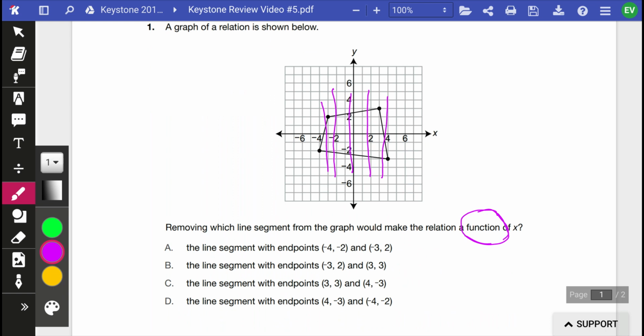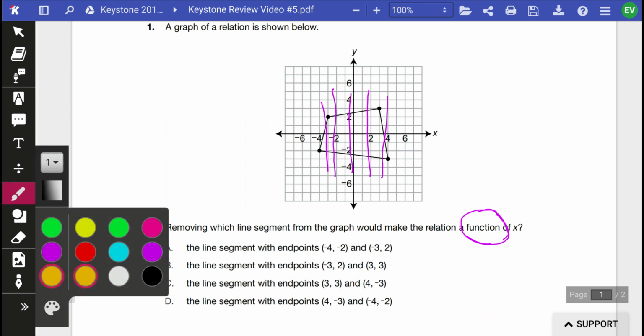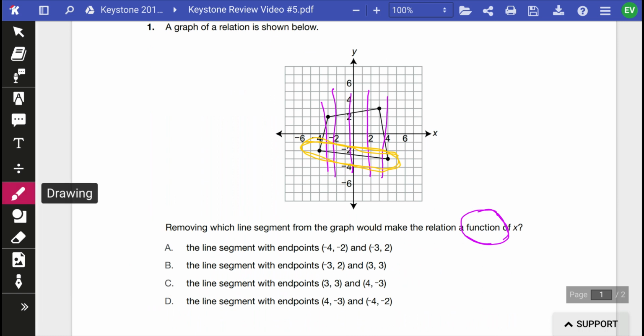We can do that quite easily by taking this segment here on the bottom and eliminating that one. If we eliminate that one, then we have a function. So that one is from those 2 endpoints there.